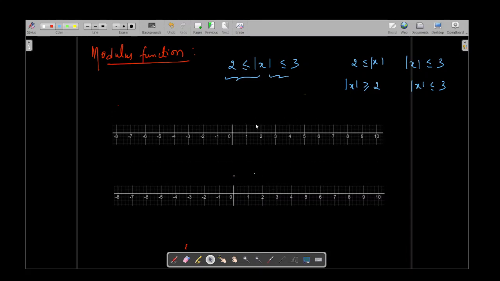So I'll use two number lines, one for x greater than or equal to 2 and one for x less than or equal to 3. So modulus x greater than or equal to 2 means I am standing at 0, and the distance is greater than or equal to 2.